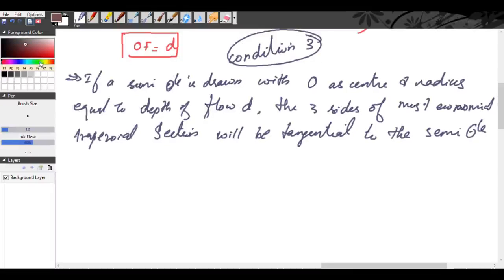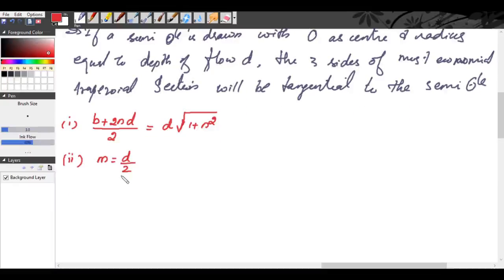So we have three conditions for the most economical trapezoidal section. Condition 1 is half of the top width, that is B plus 2nd by 2, will be equal to one of the sloping side, D into square root of 1 plus n square. The second condition is M is equal to D by 2, hydraulic mean depth is equal to half of the flow depth.